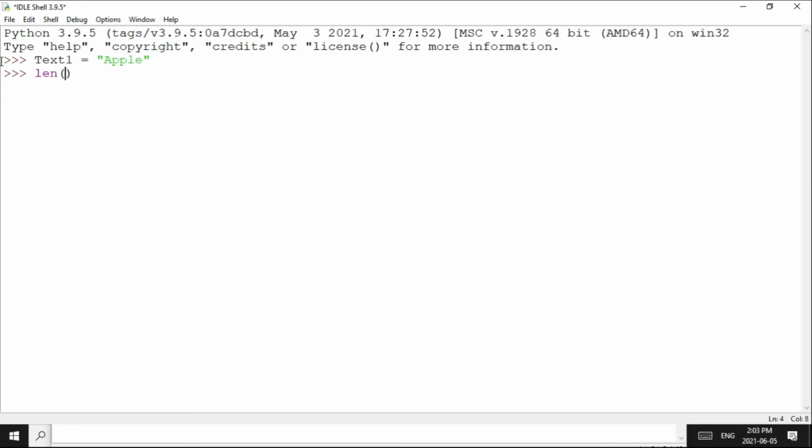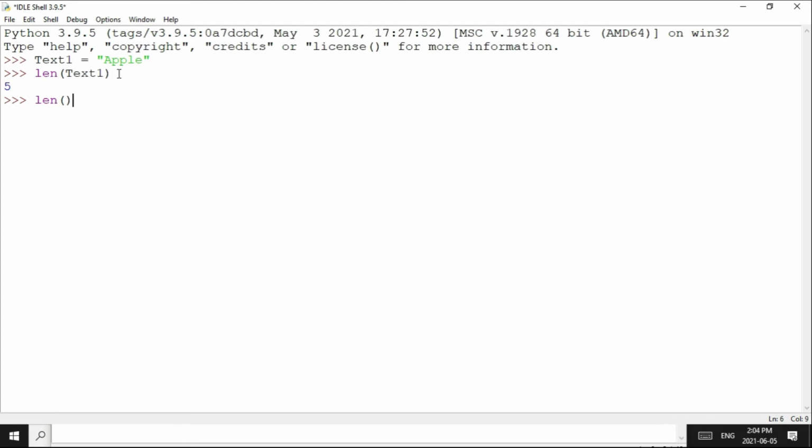That means you have to type len and you have to type opening and closing small brackets. In between the brackets, you type the variable name text1, press enter, and the length of your string is 5.